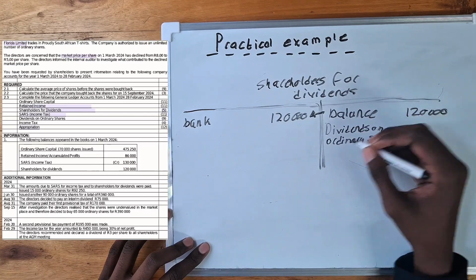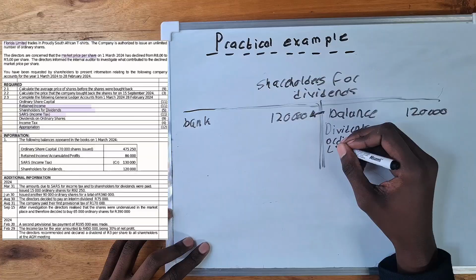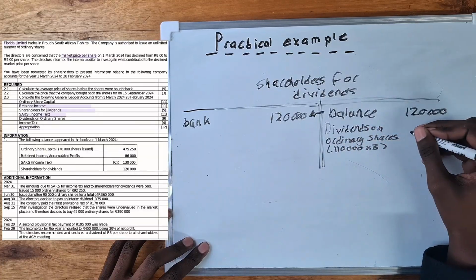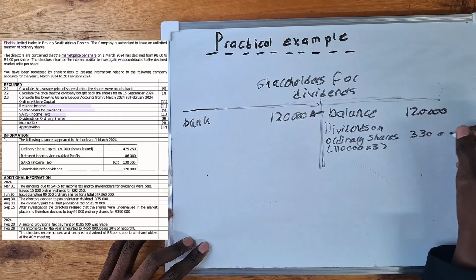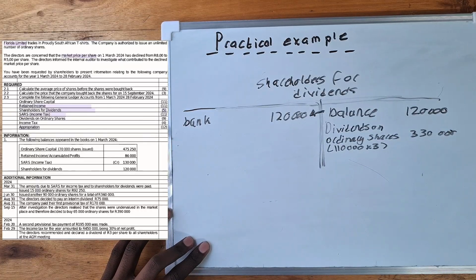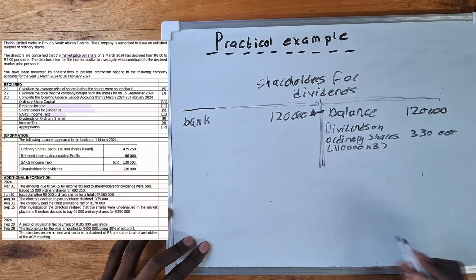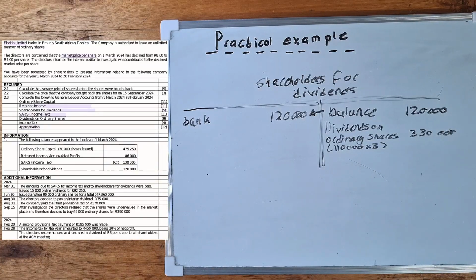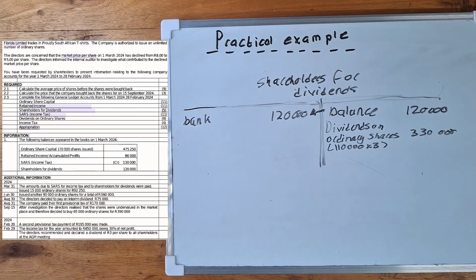Which, if you recall, was 110 shares times the 3 rands, which is 330,000, right? So on this side here, you now just need to close it off, right? It's pretty simple now. It's pretty basic. There's not much work that is now required from you here.